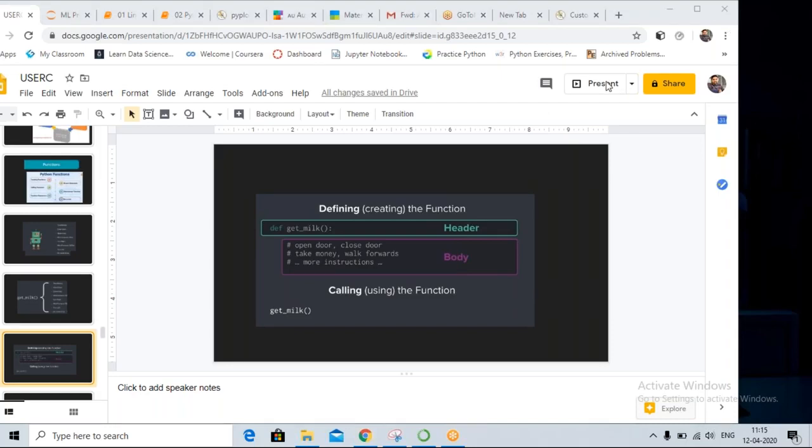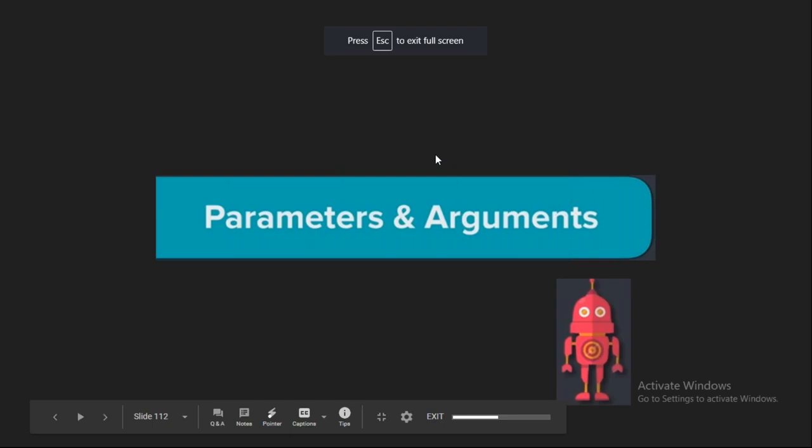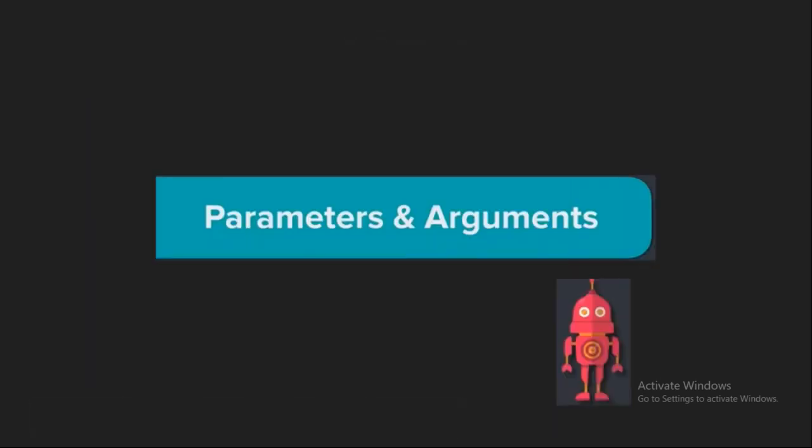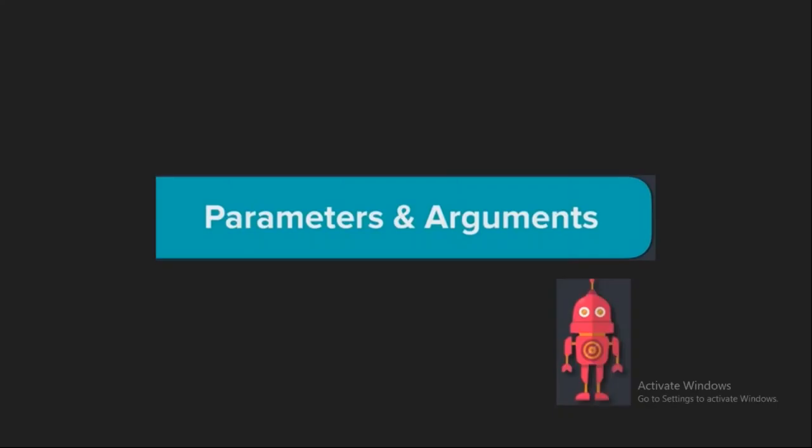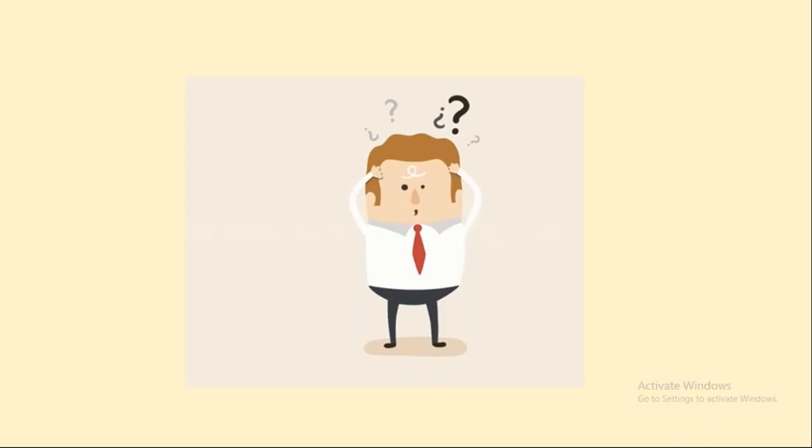Now let's look at another type. When we talk about functions, we talk about parameters and arguments. So what are parameters and arguments? Let's try to understand that now. You might be thinking, what is this new terminology, why are we using different vocabularies?